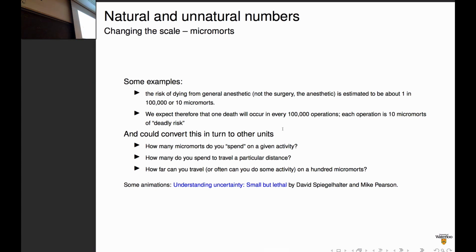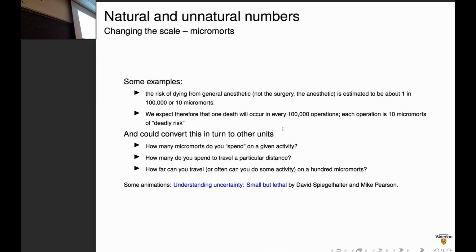But for the population, these are a lot of UK numbers, so just dying from anesthetic is about 10 micromorts. Just going to a hospital and getting anesthetic, that seems to be the risk. So instead you might look at how many micromorts you spend on each activity.